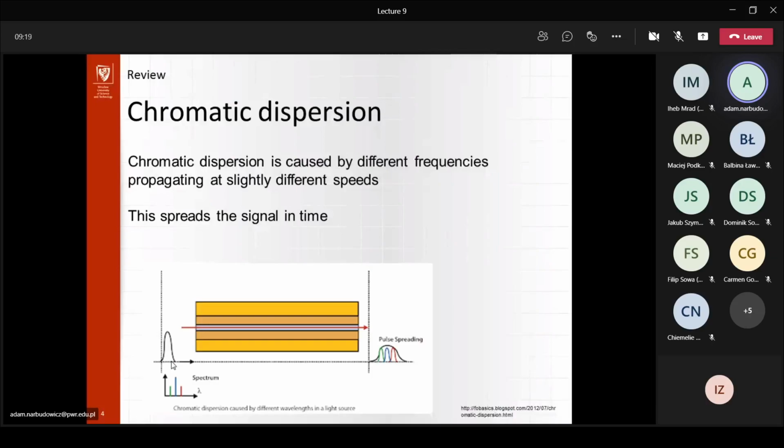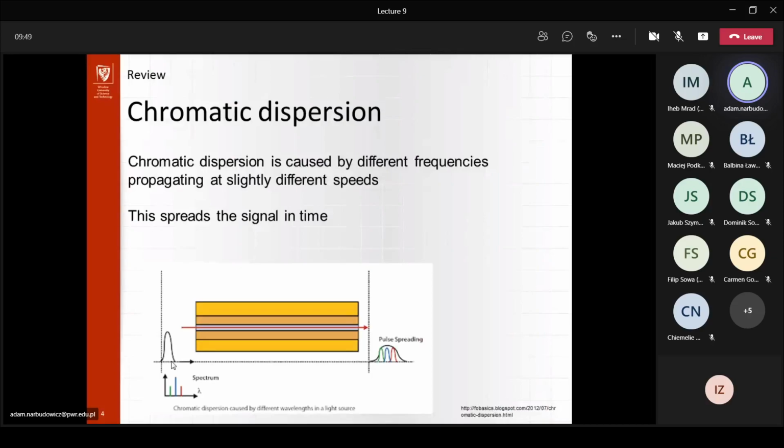However, the problem is that in many optical fibers, there will be slight differences between the propagation speed of different frequencies, and this has to do simply with manufacturing issues. It's very challenging to have the same refractive index over a very long cable, and also over a very wide frequency range.